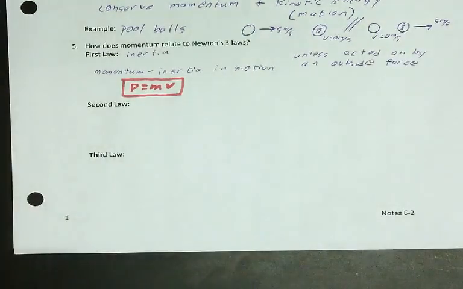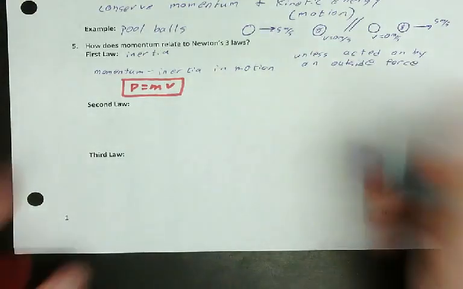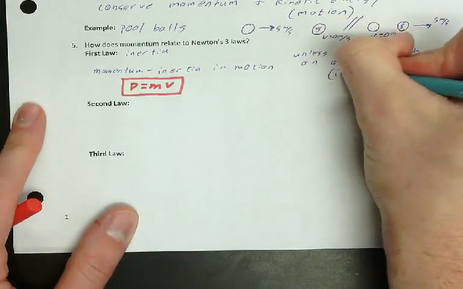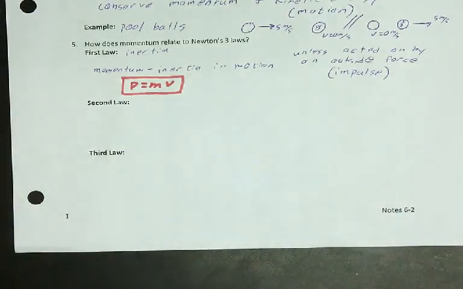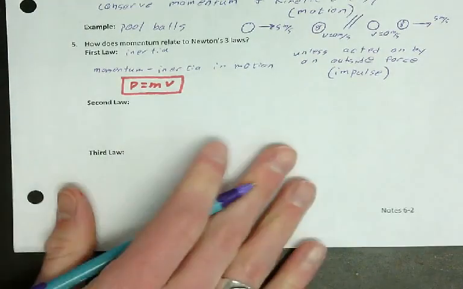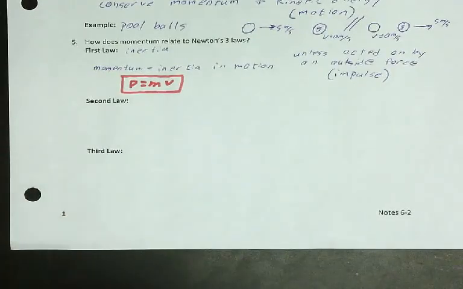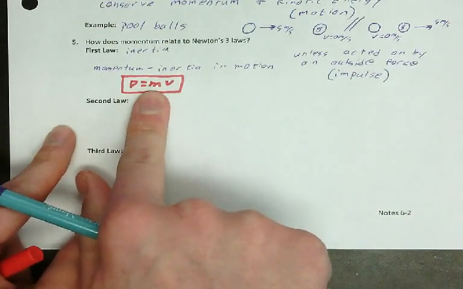What do we call that outside force when it acts for a period of time? We've talked about it this unit. Momentum. No, good guess. Impulse. So, Newton's first law is objects in motion remain in motion.